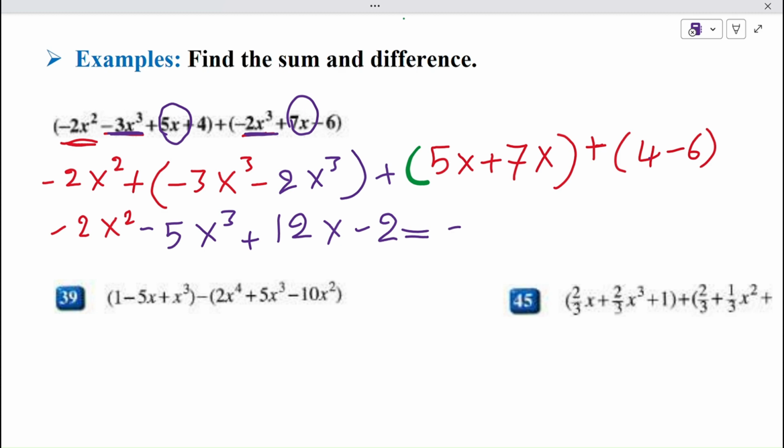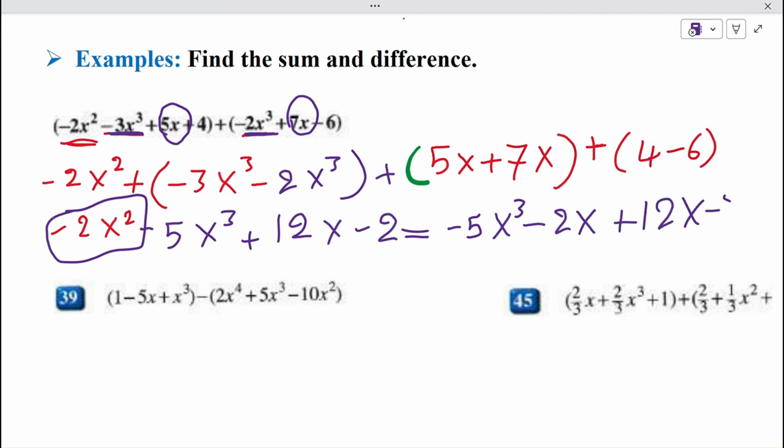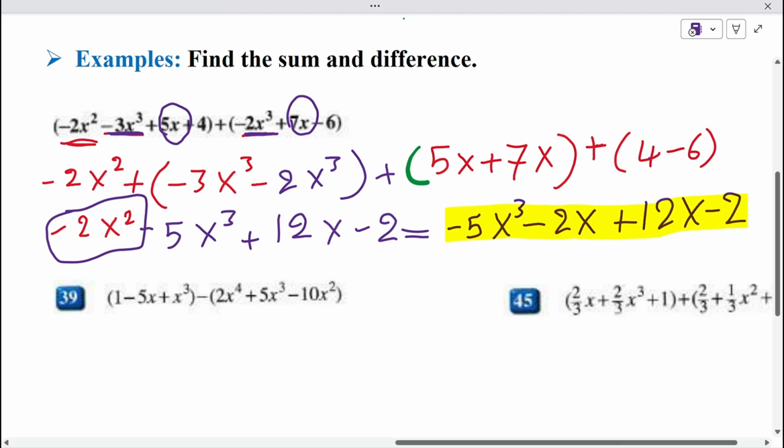It means minus 5x to the power 3, then after x to the power 3 we have x to the power 2. But be careful about the sign: minus 2x to the power 2 plus 12x minus 2. So this is our solution.